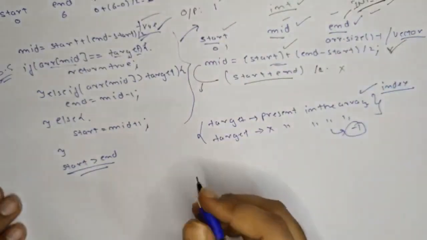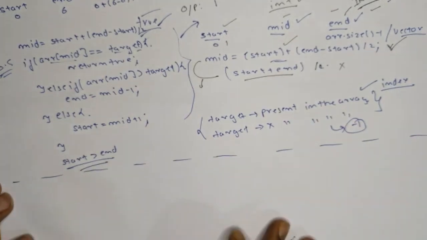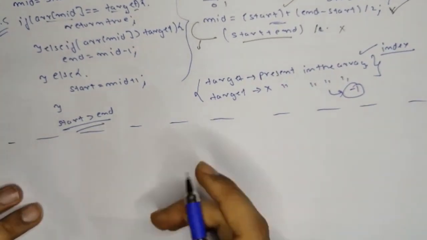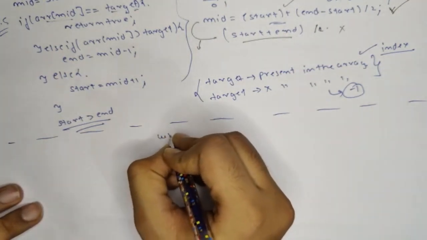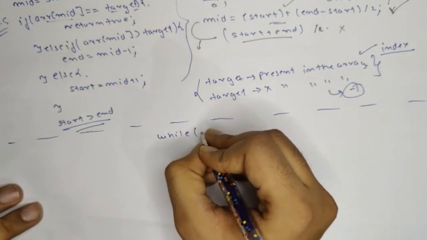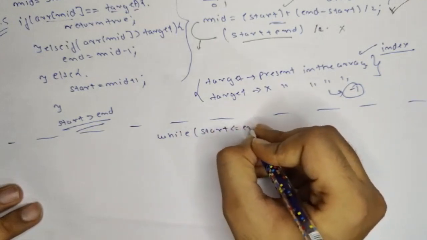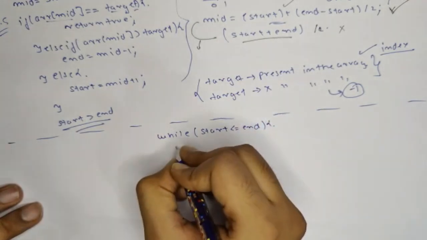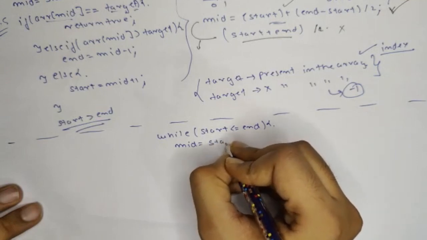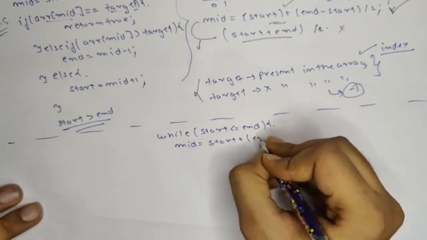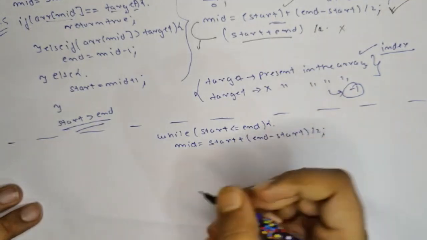Let me write the fresh algorithm for you, so it will be easy to go through or make a dry run. First of all, we run a loop till start is less than or equal to end. Then we calculate mid using start plus end minus start divided by 2.